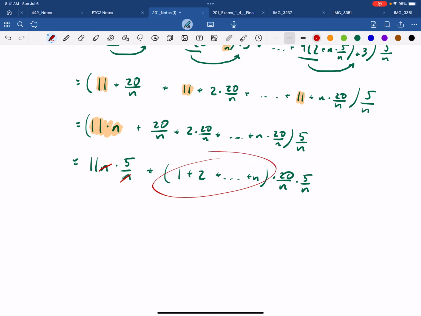Well, it turns out, and this is not something you should have known, but if you take a class called discrete math, then you can prove this using induction. Maybe you also saw it in pre-calc. You can substitute for this value right here. There is a nice little counting trick. That's what I meant when I talked about a counting trick earlier. So the first term, I hope we see, is going to be just 55.